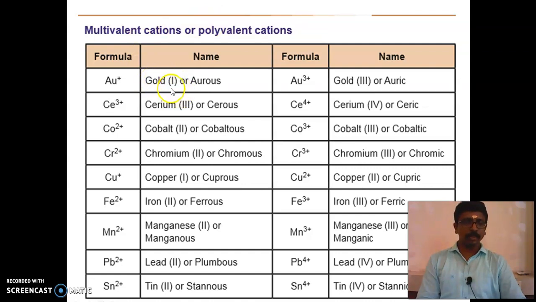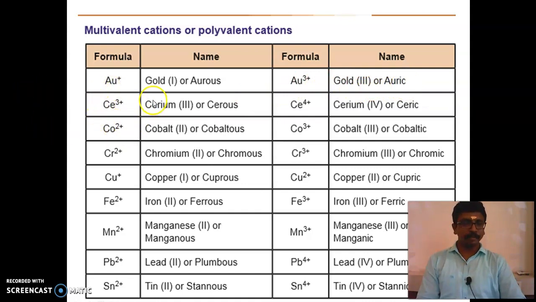These numbers we have to mention in Roman letters, in brackets, gold (I), or we can write it as aurous. Au3 plus means gold (III), or we can write it as auric. So lesser valency ends with OUS, higher valency ends with IC.